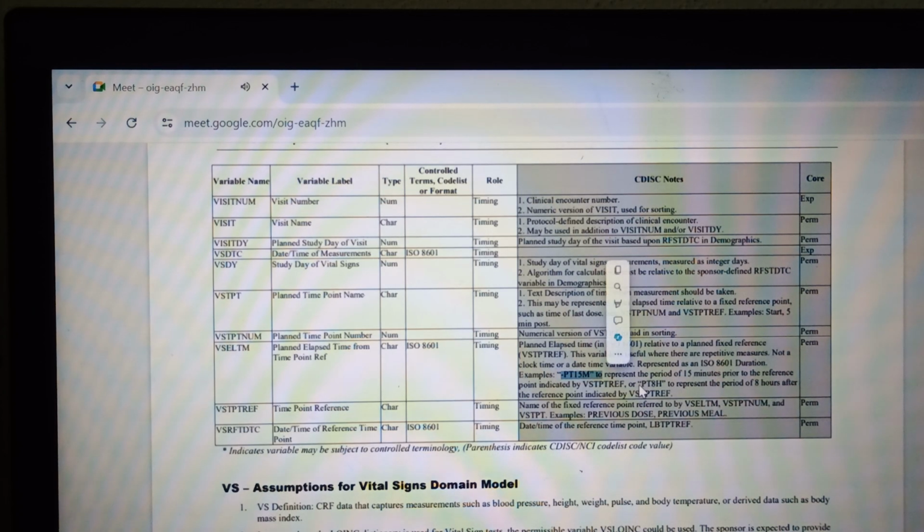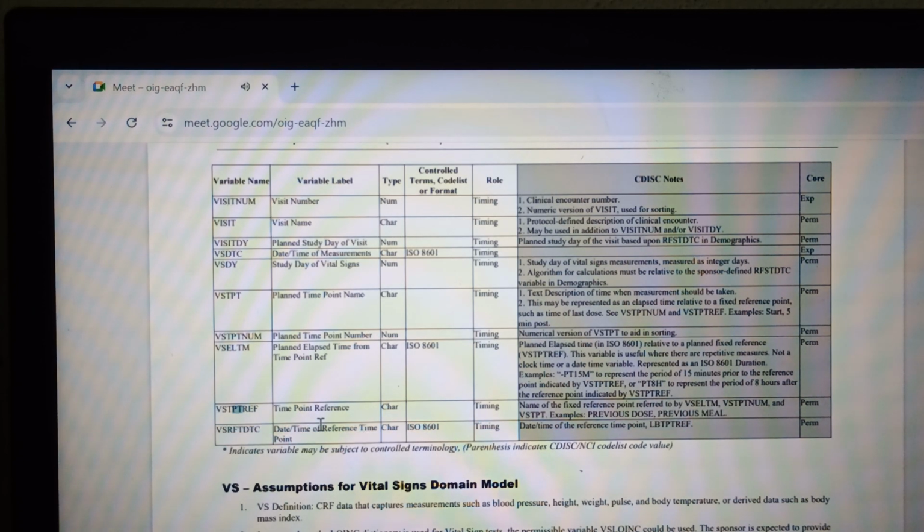For example, PT8H is 8 hours after taking the drug. So this is the elapsed time, which we already discussed in some other domains. Then VSTPTREF and VSRFTDTC. This is the time point reference, which is the previous visit, previous dose, previous meal, whatever it may be. That particular time point reference date will come here.